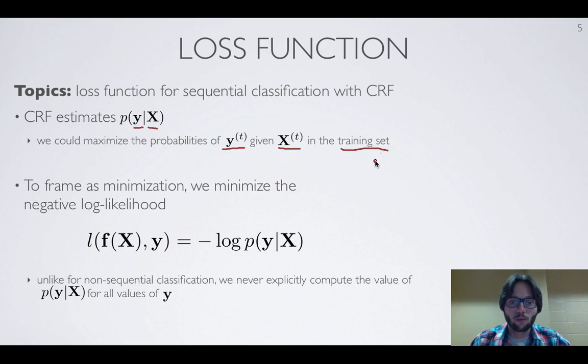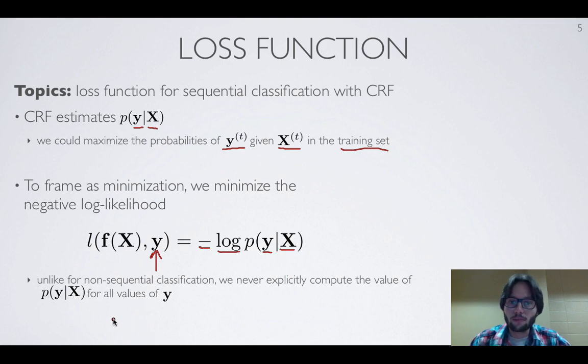And as we've seen in the case of a regular neural network, instead of maximizing probabilities, we can minimize the negative log of the probability, which is better behaved and yields simpler math. And so to frame it as a minimization problem, we minimize the negative log likelihood. So our loss function will be minus the log of the probability of the true target, given the input sequence.